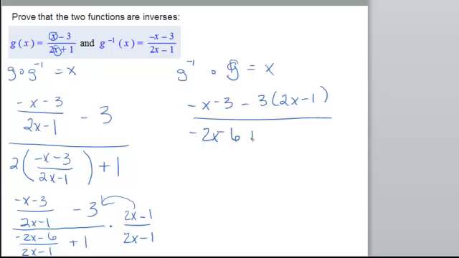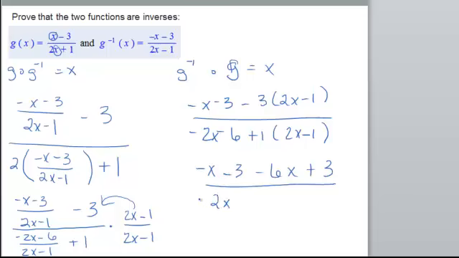And then plus 1 times all of that. So now we distribute, clean it up a little bit. Negative x minus 3 minus 6x plus 3 all over negative 2x minus 6 plus 2x minus 1.